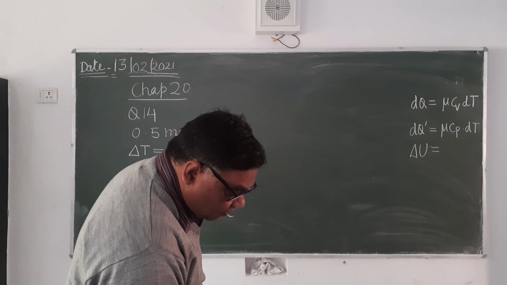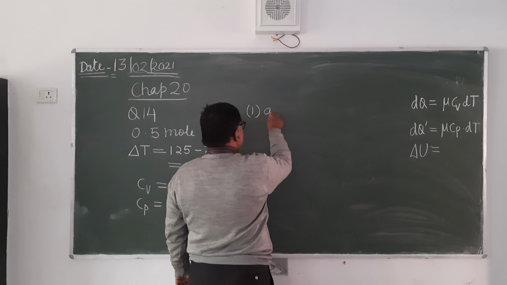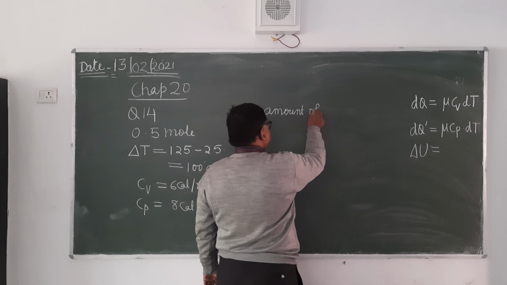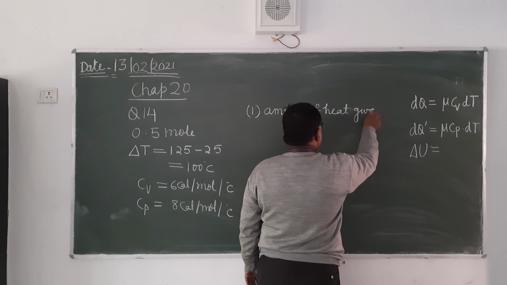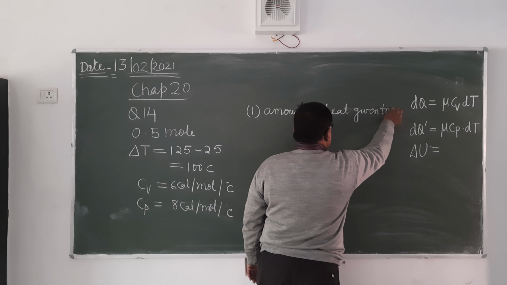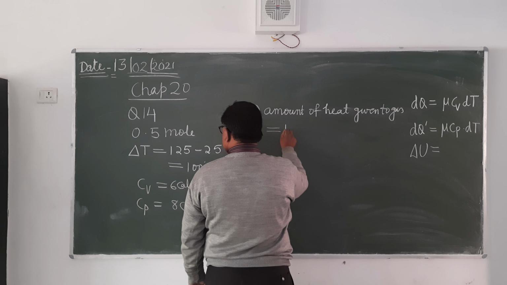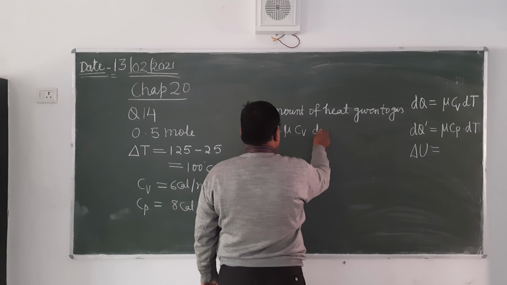The first part is the amount of heat given to the gas, that will be equal to mu into Cv into dT.